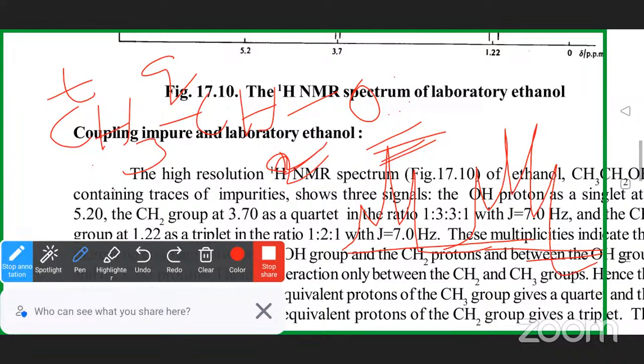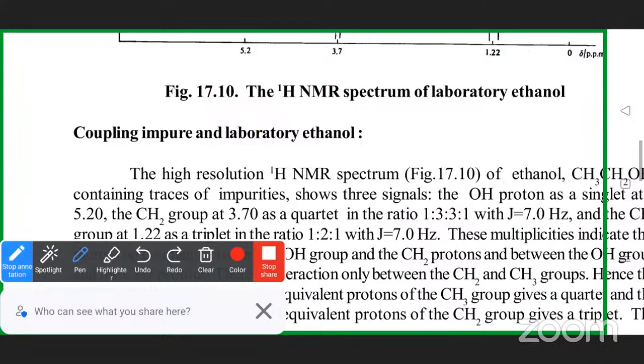This is the H1 NMR spectrum of your impure alcohol. For pure alcohol, you can see three signals; for impure alcohol, only two signals. This is a very important question which can be expected in the examination.